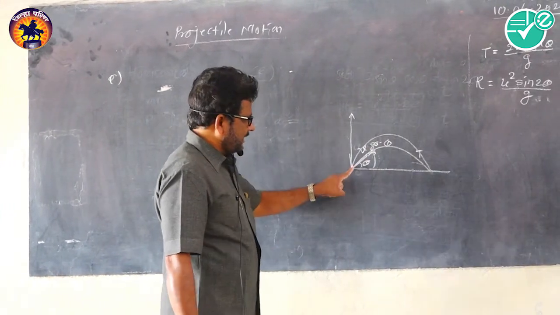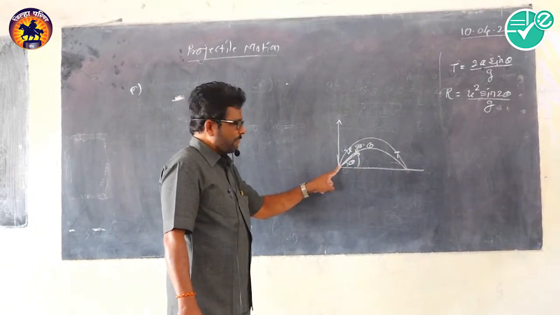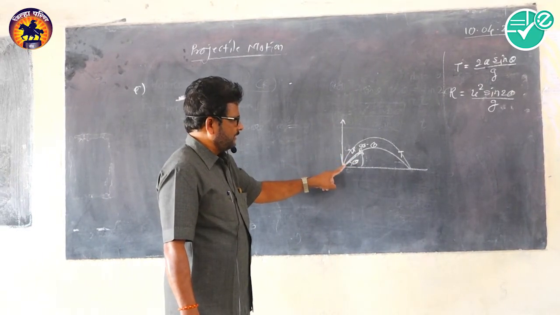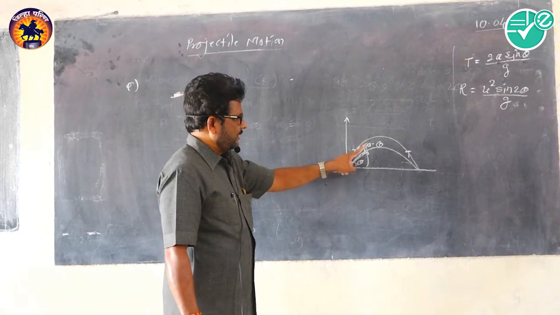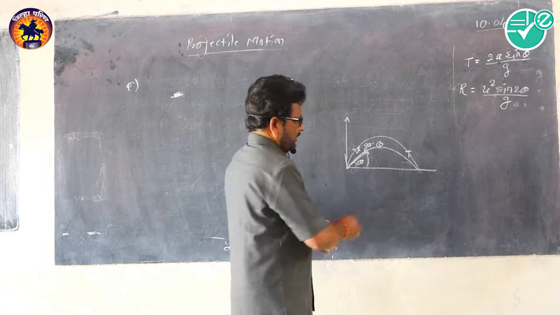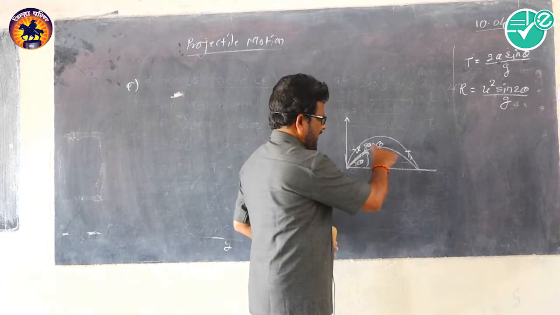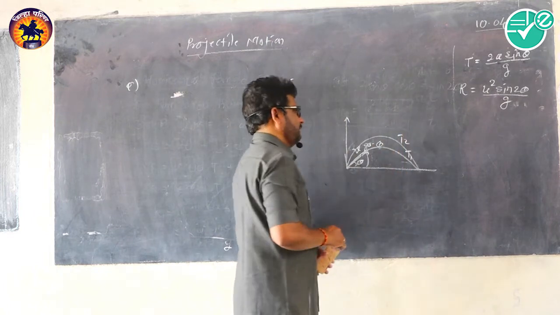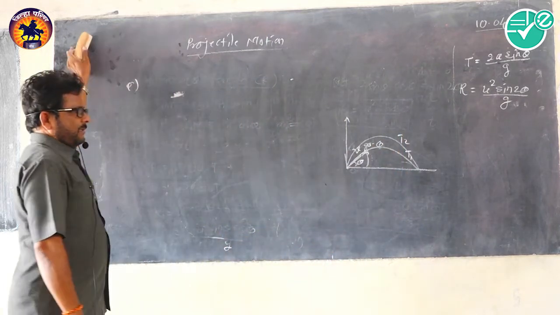So if a projectile is projected by an angle theta and then with an angle 90 minus theta, and t1 is the time of flight for the first angle and t2 is the time of flight for the second angle.